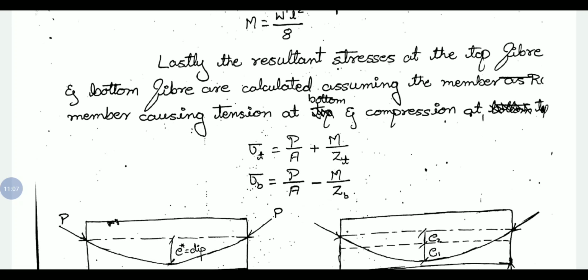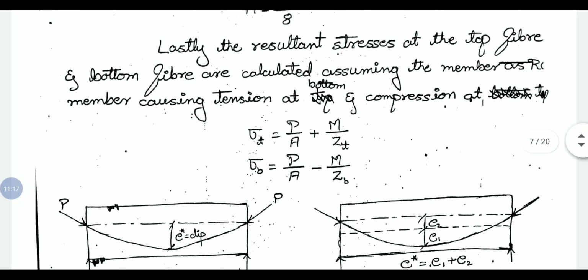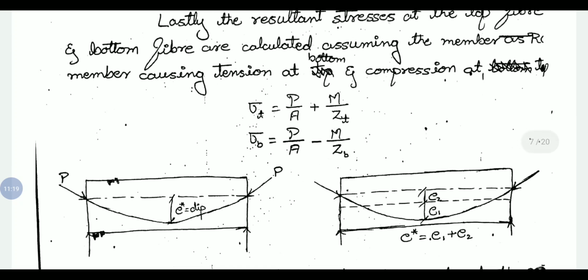Sigma T and sigma B are the same as Ft and Fb. Since we are considering stresses, they can be denoted by either F or sigma T and sigma B. Here I have considered a parabolic profile of the cable. E star indicates the total dip of the cable. In the first figure, the eccentricity at support is 0 and the eccentricity at midspan is E star.